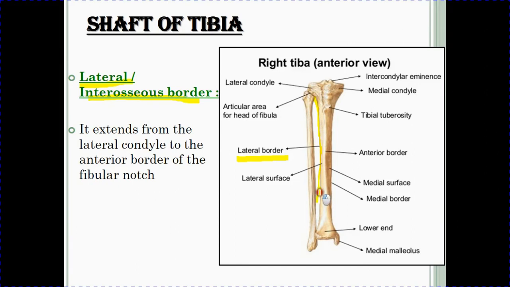See, we are running downward and this border is the lateral border. The fibular notch is actually an articulating facet present on the lower end of the tibia, on which the lower end of the fibula articulates. So the lateral border is very simple. You have to trace it downward from the lateral condyle of the tibia down up to the fibular notch.